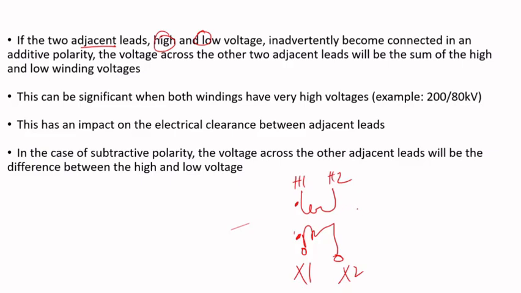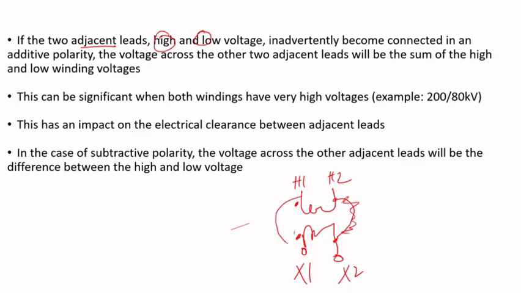Now, if somehow accidentally something happens and this lead becomes connected to this lead, so there will be a very large voltage.